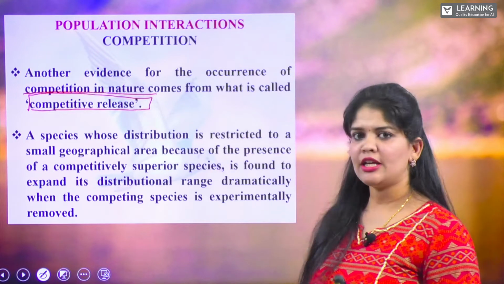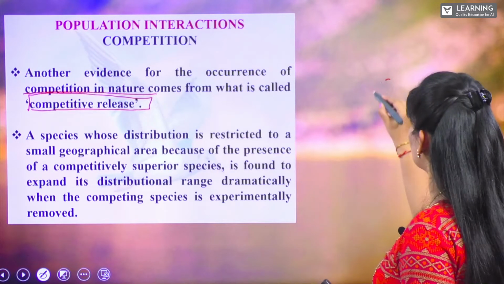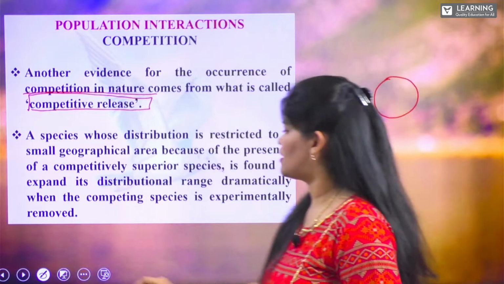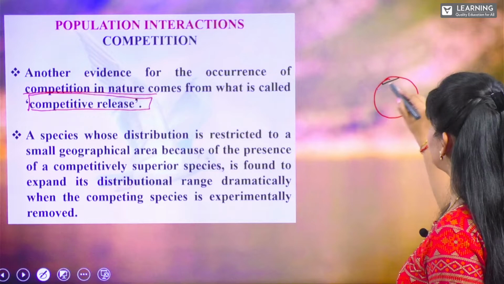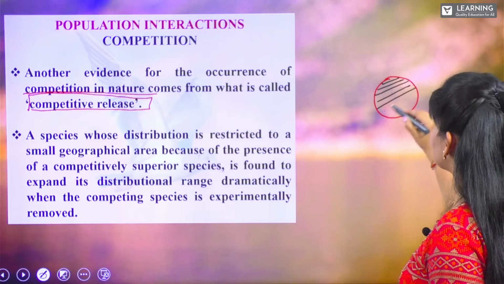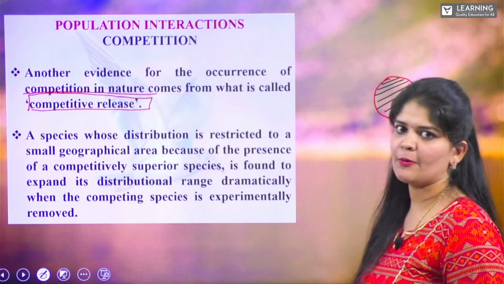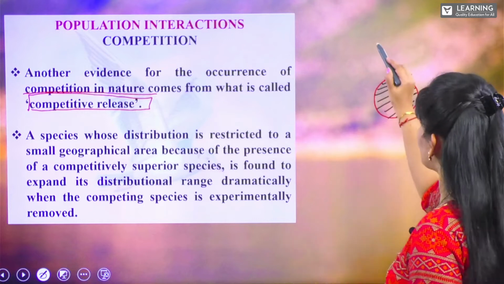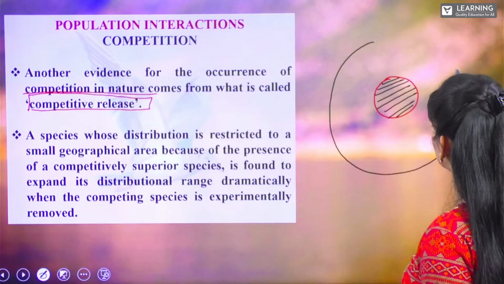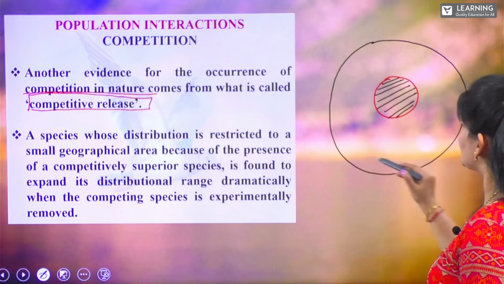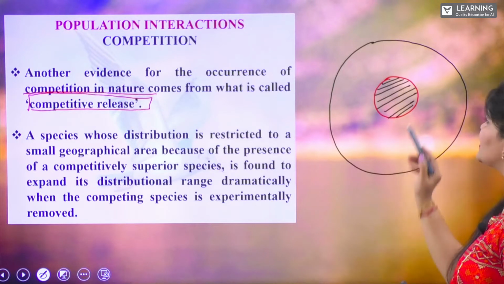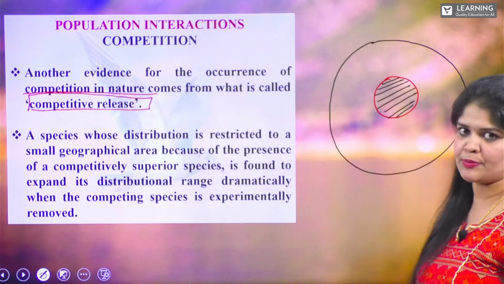Here, in a small geographical area, let's think that this area is occupied by species A because it has been surrounded by species B. So here is the area which is occupied by species B, and here is the area which is occupied by species A.